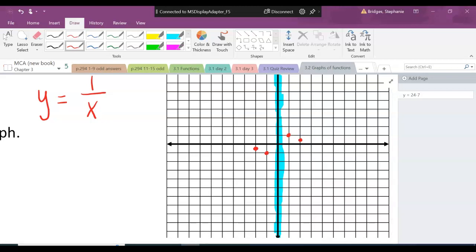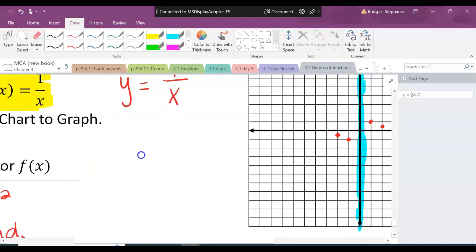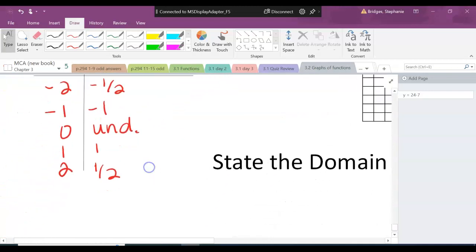So let's do one more number on either side. Let's do -3 and +3. Let's add those to our graph. Okay, we're going to add +3 and -3. One over +3 is just 1/3, right? And 1 over -3 is a negative 1/3.